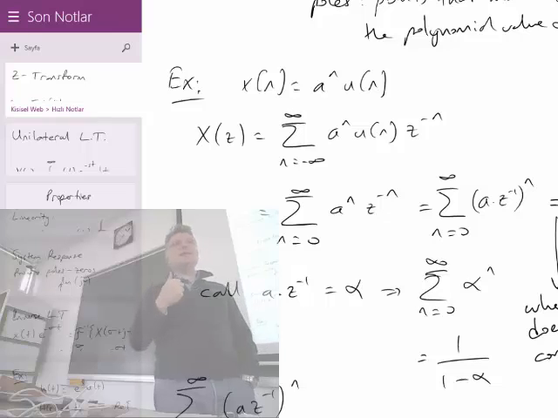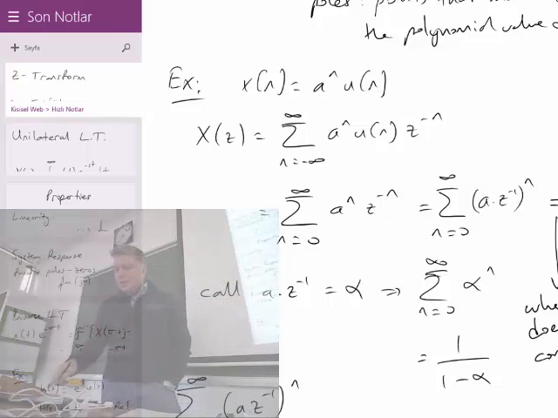But if it is less than 1, like 1 over 2, then the summation will be 1 over 2 plus 1 over 4 plus 1 over 8, etc. So it will be a converging series, and it will have a Fourier transform. So a must be less than 1 in magnitude.